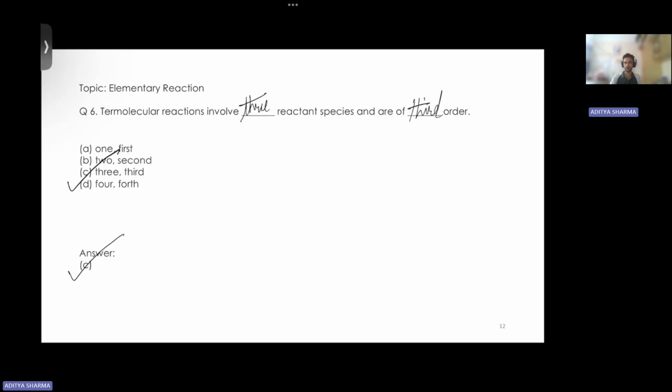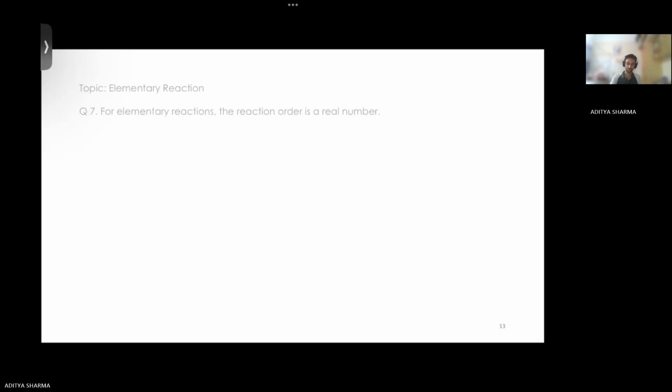So let's see the next question. Yes, this is on elementary reaction, question number 7. We can try to answer this question.